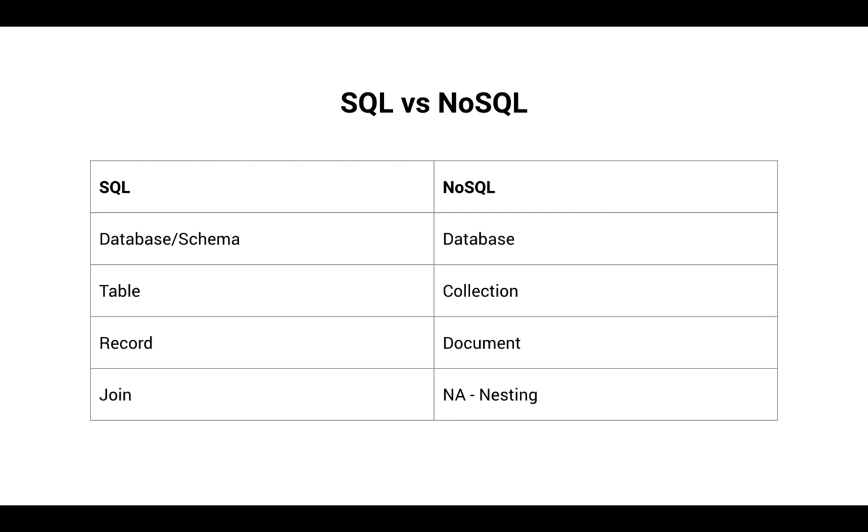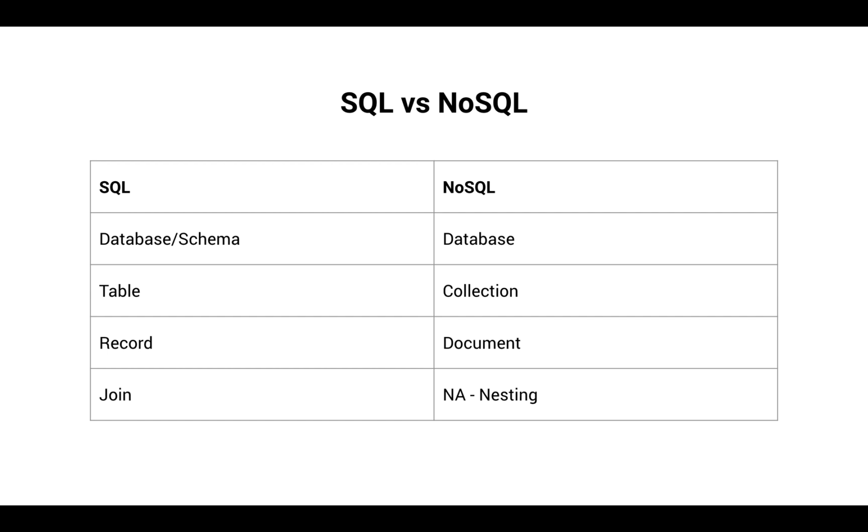If we're talking about a table in a SQL type database, in a NoSQL database, this would be referenced as a collection. Okay, not too much difference there. If we are talking about a specific record in a SQL database, in a NoSQL database, that is now termed a document.